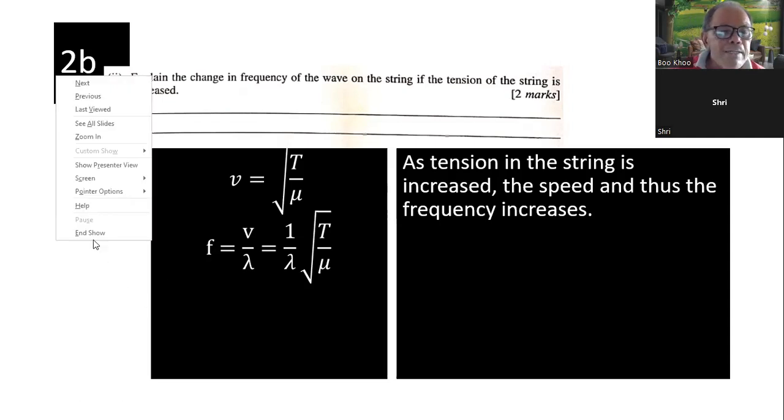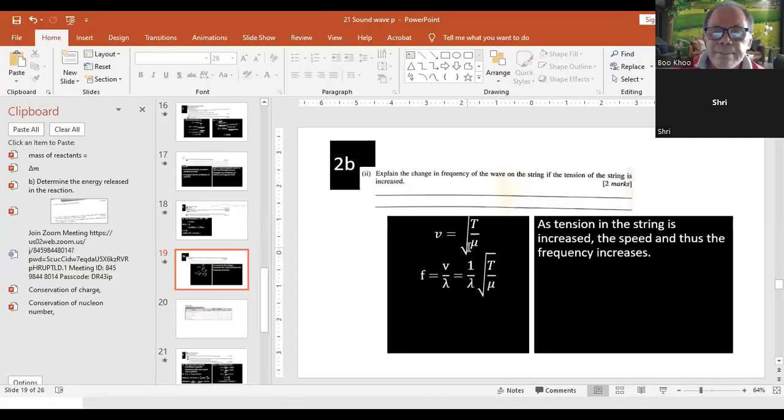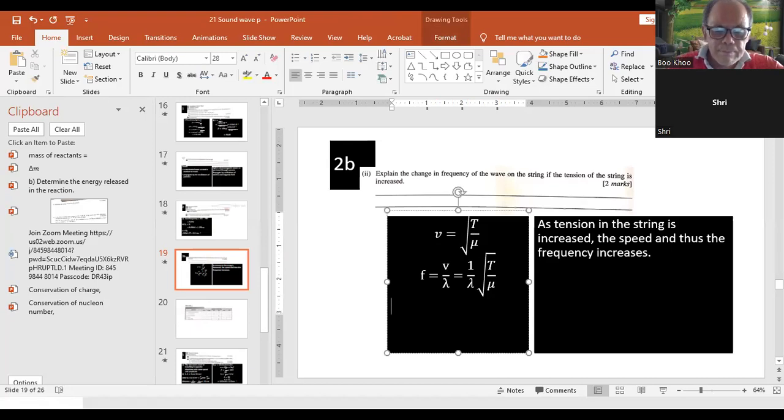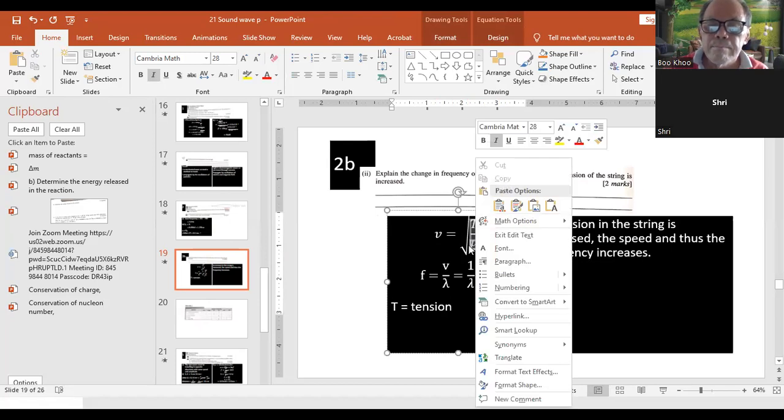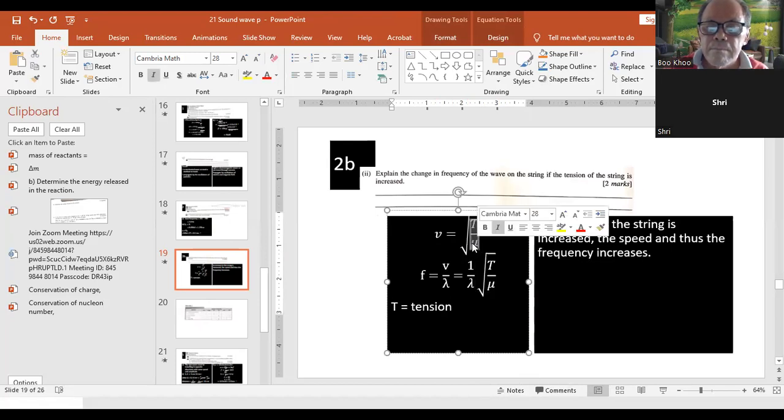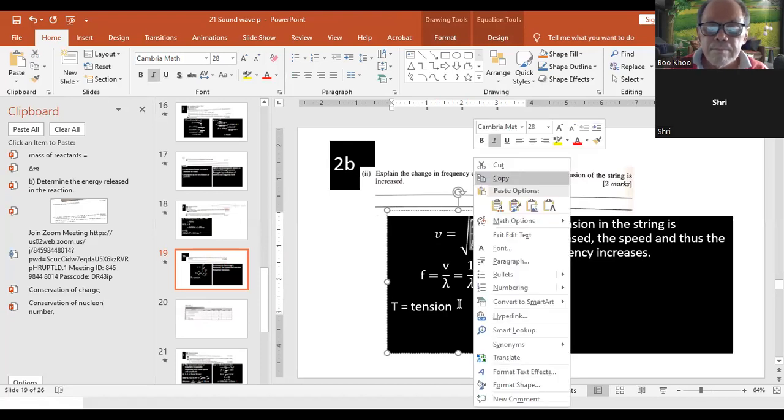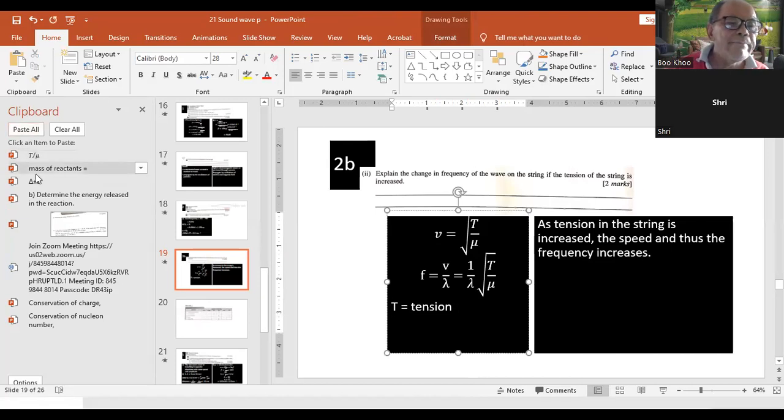Okay? You need to define your terms. T equals tension. Any comment? Anything not clear?